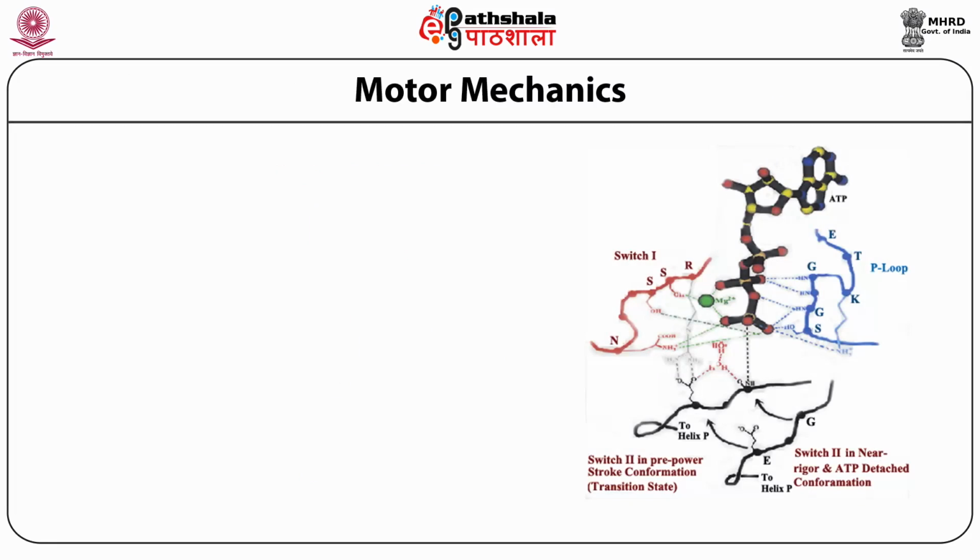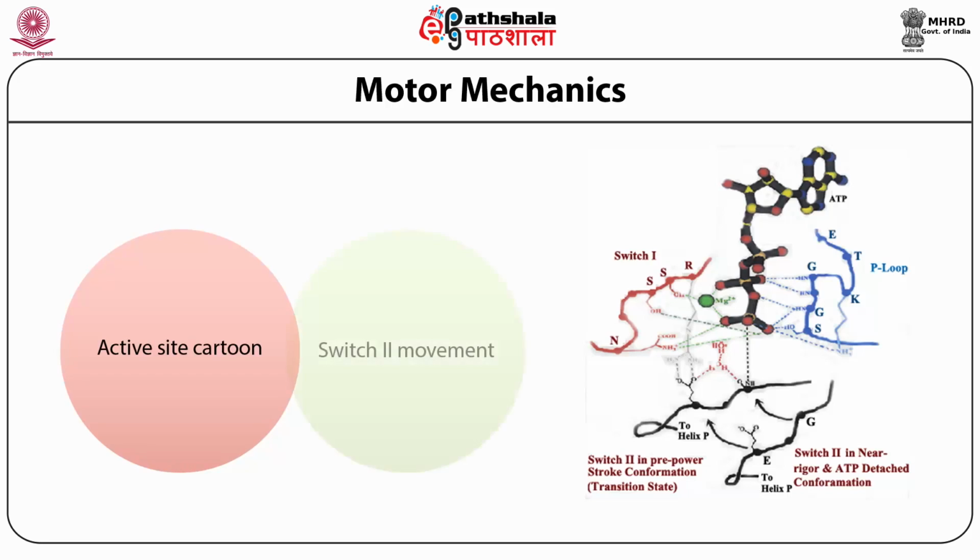In this slide we can clearly understand the motor mechanics. Here most of the structure is removed and only the active site components are kept. The nucleotide is bound between the P loop, switch 1 and switch 2. The ATP bound state or ADP state cannot interact with the switch 2, which is far apart.